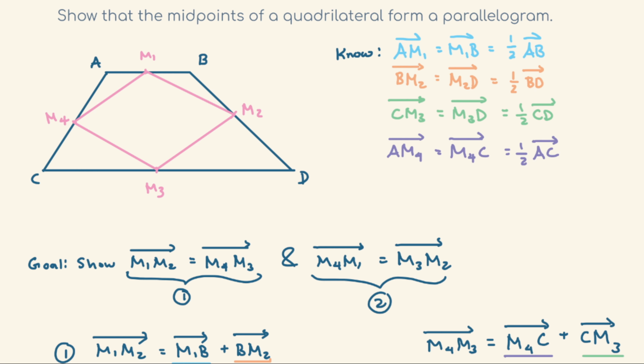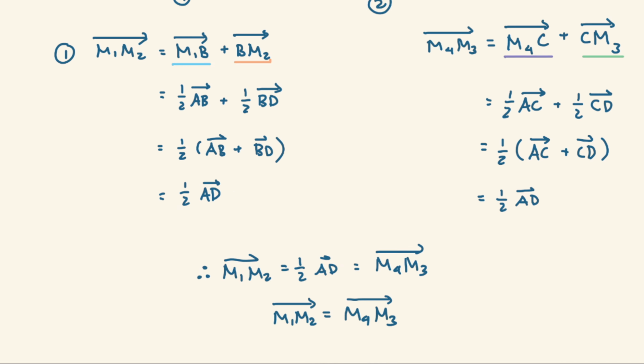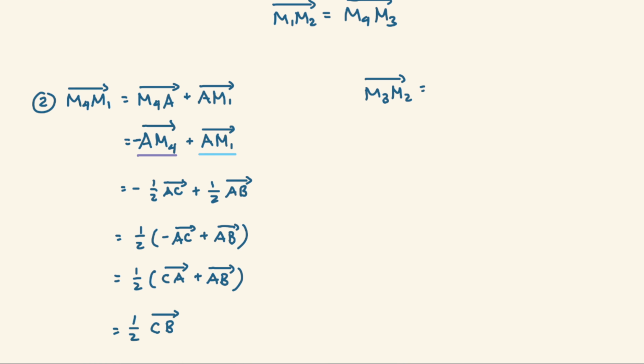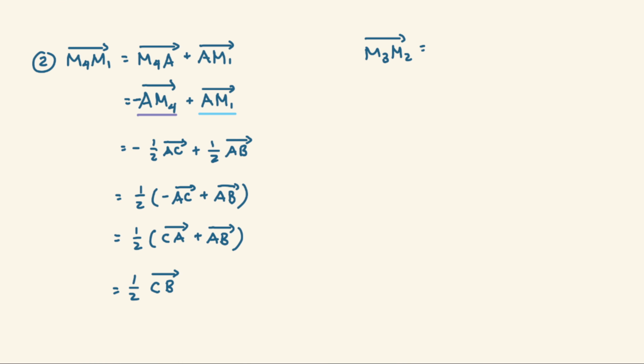Okay, so scrolling right on back down then. Sorry for all the scrolling here. All right, so M3M2, we said that that's going to be equal to M3D plus, well, it's going to be equal to DM2, right? But, like I said before, DM2 is not one of those vectors that are in my knowledge bank.